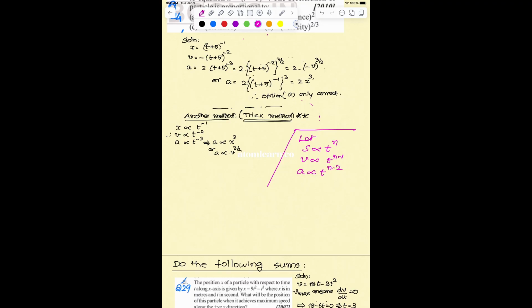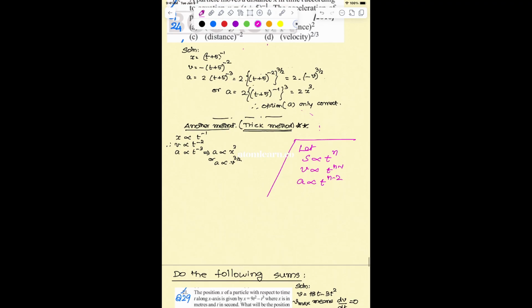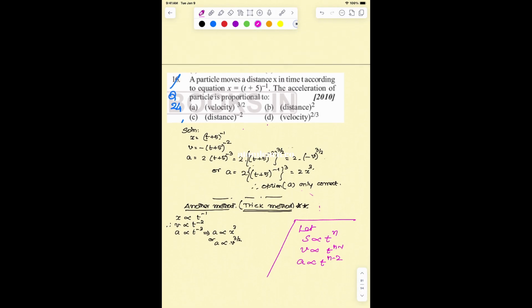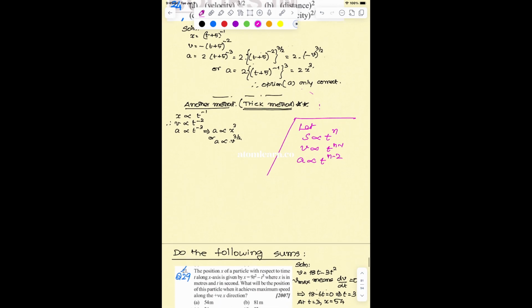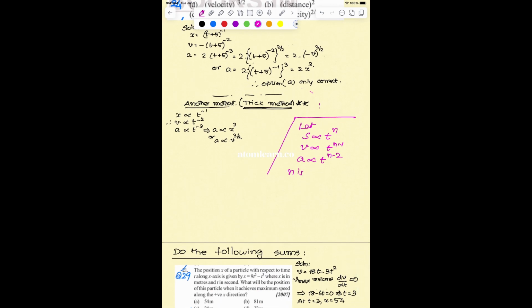Now look at the particular question here. They have given that the displacement is a function of t plus 5 power minus 1. Now t plus 5, or t plus any constant, actually means proportional to t power minus 1 only. Therefore in this case n is equal to minus 1.